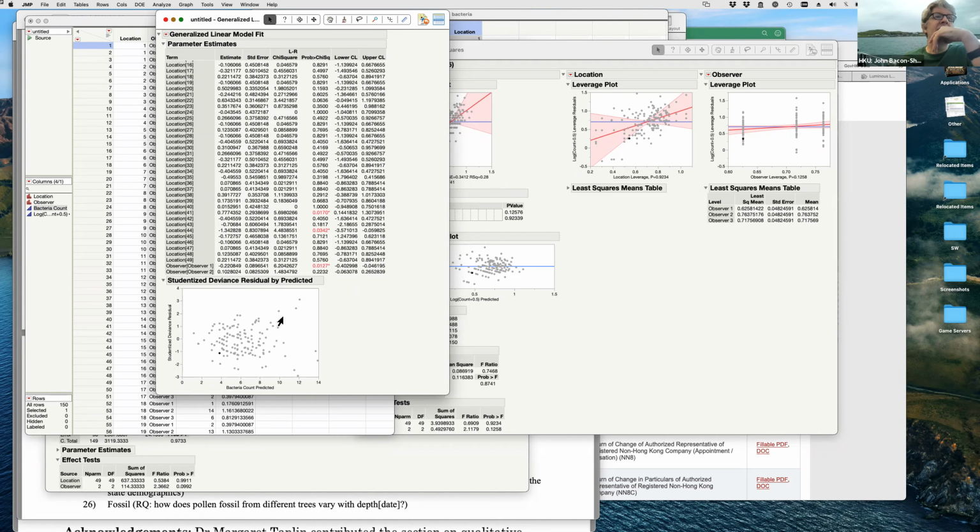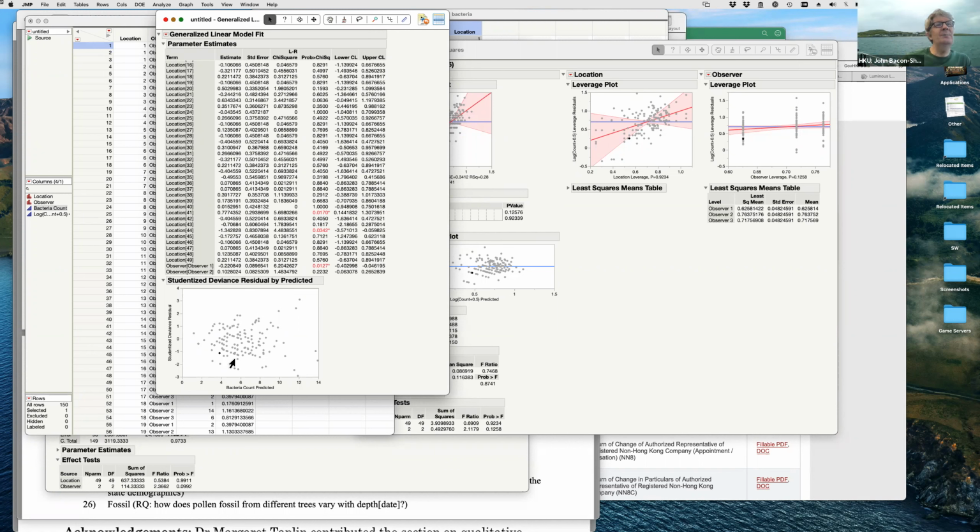But this plot here is now a little bit different. It says the studentized deviance residual. Instead of actually telling us the residual, a deviance residual takes into account the fact that this is not a normal distribution. It's transforming our results back to something that looks like a residual.